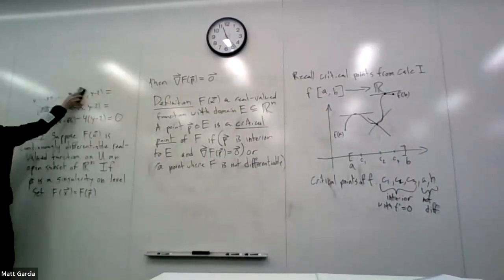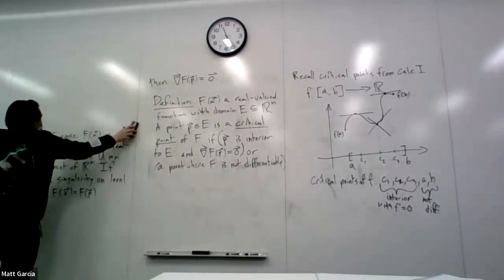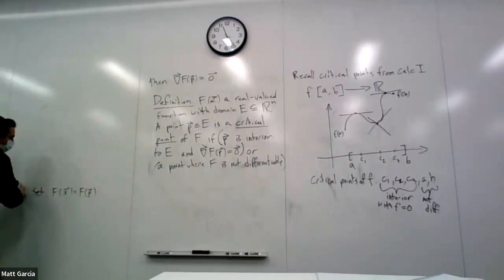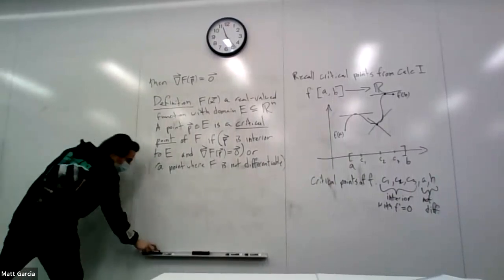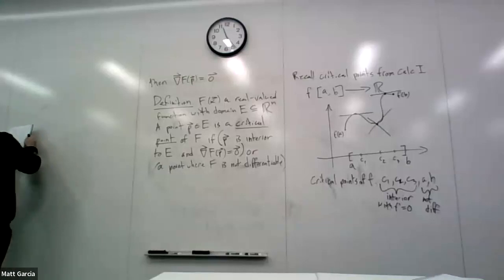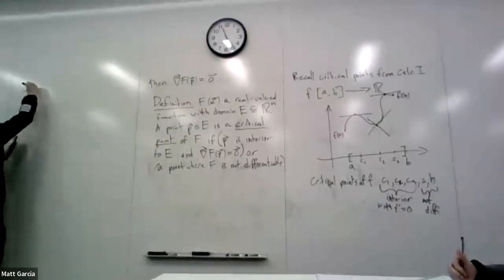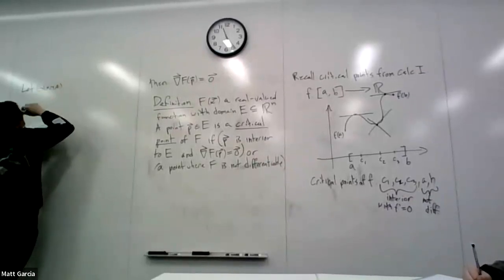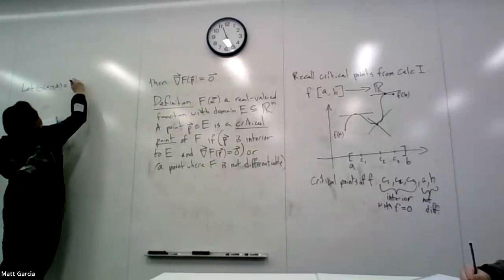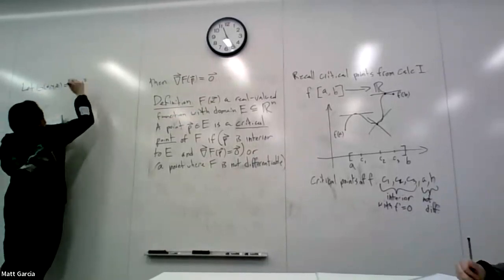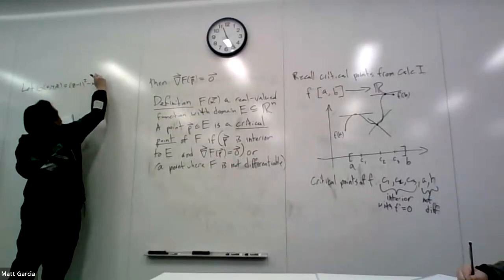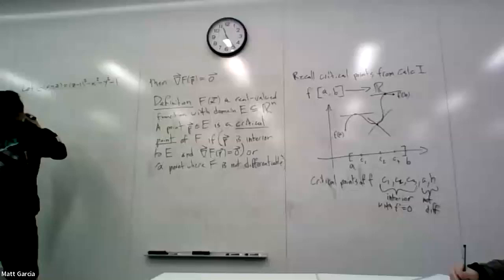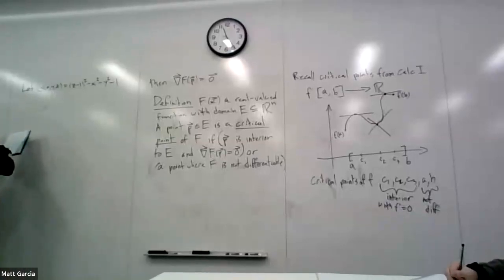Okay, higher dimensional example. Let g of x, y, z be equal to z minus 1 squared minus x squared minus y squared minus 1.